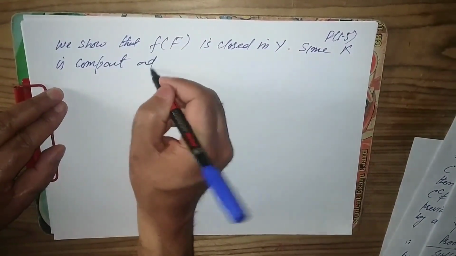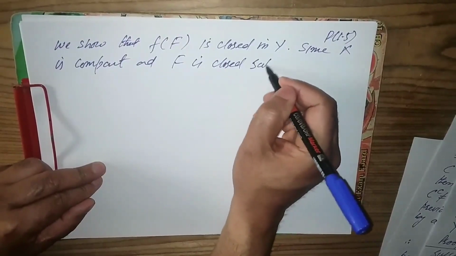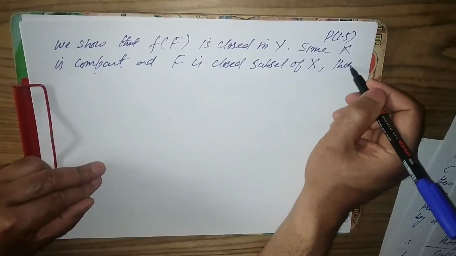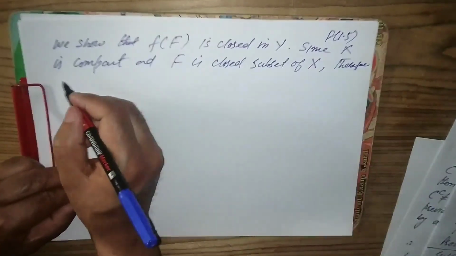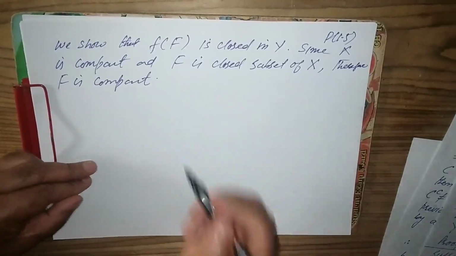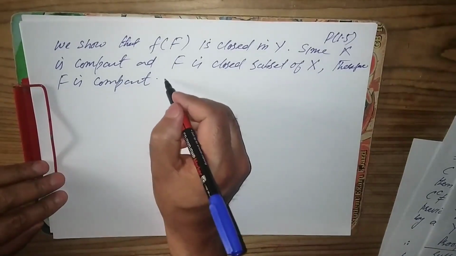And we know that continuous mappings map compact sets onto compact sets. Therefore f of F is compact.